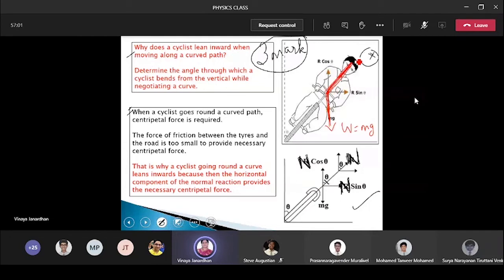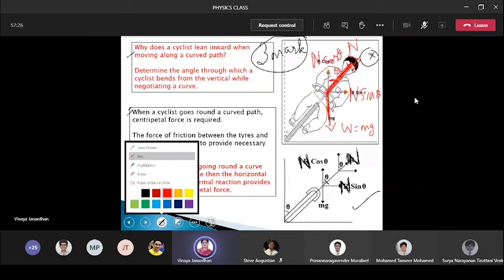Normal reaction will always be perpendicular to the cycle, and this normal reaction makes an angle theta with the vertical. So this normal reaction N is divided into two components, N sin theta and N cos theta. Is that clear, boys? Should I redo this once again?